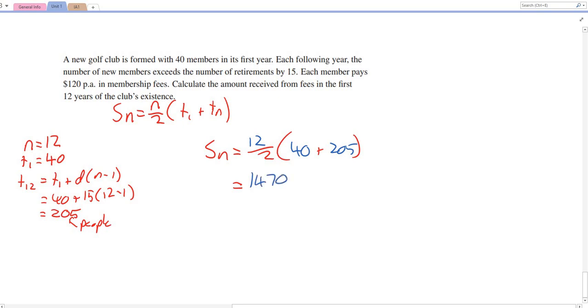So close to that. Once again, guys, what does that number mean? It's the number of people who have had a membership for the first 12 years.